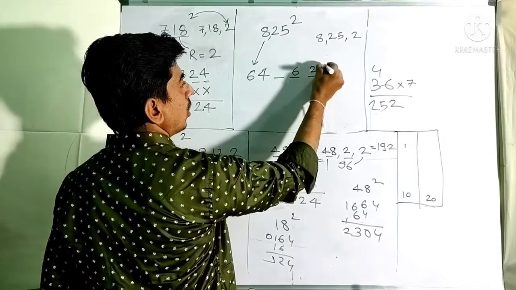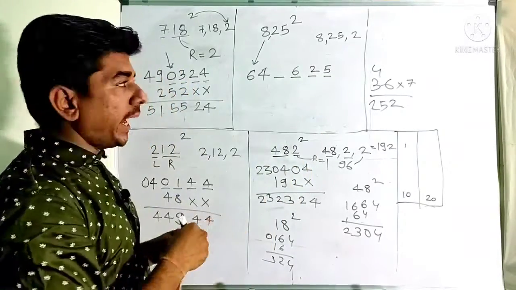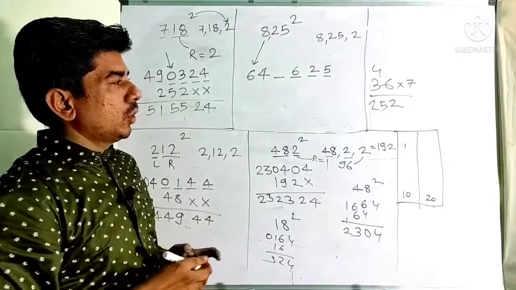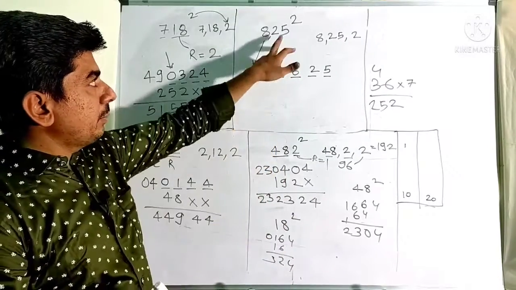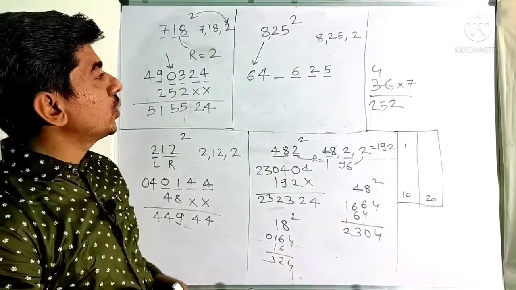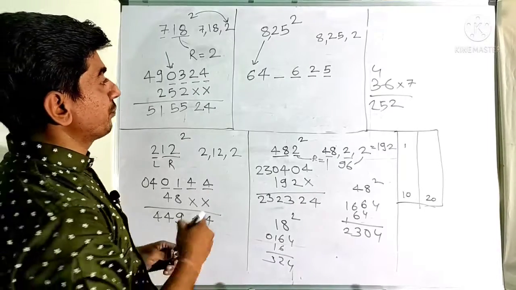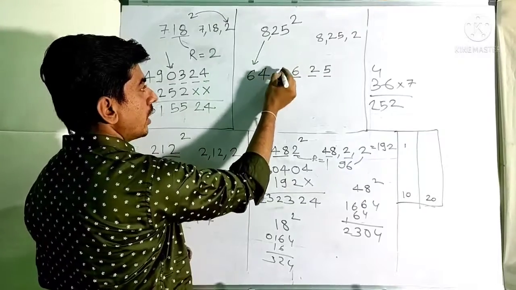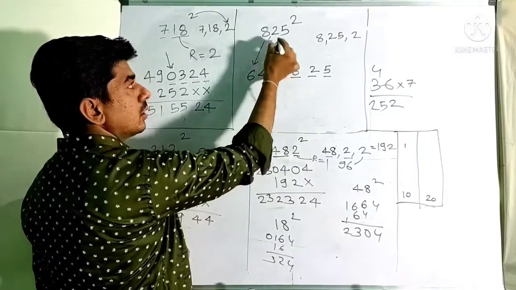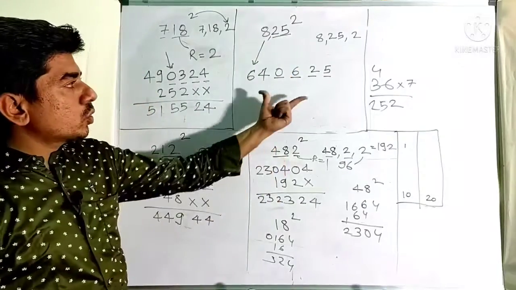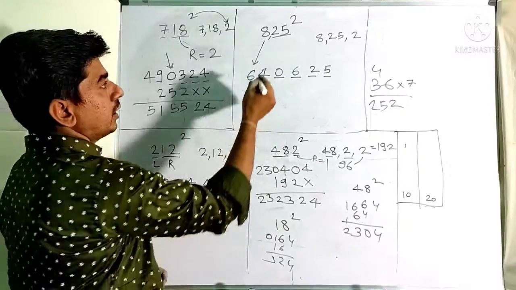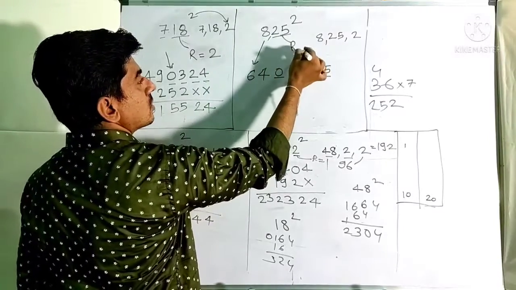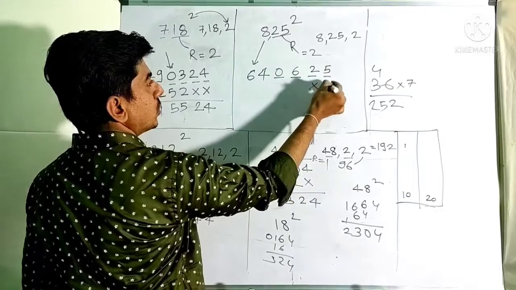If you don't know how to take the square of a number ending with 5, hope I will complete this method also in this video only. Okay, here the answer is coming as a 3-digit, but you should write it in 4 digits. As you are taking the square of a 2-digit number, you should write it in 4 digits. Again, the right part consists of 2 digits, leave 2 digits.